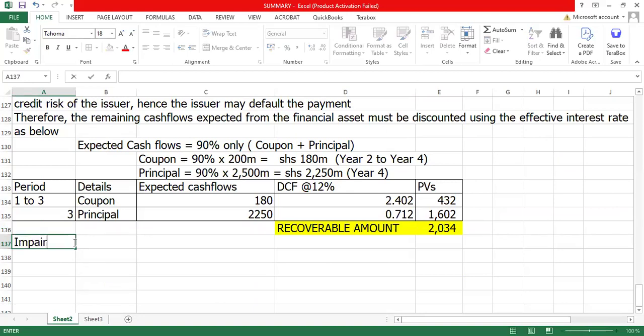The impairment loss is equal to the carrying value of the financial asset minus the recoverable amount.